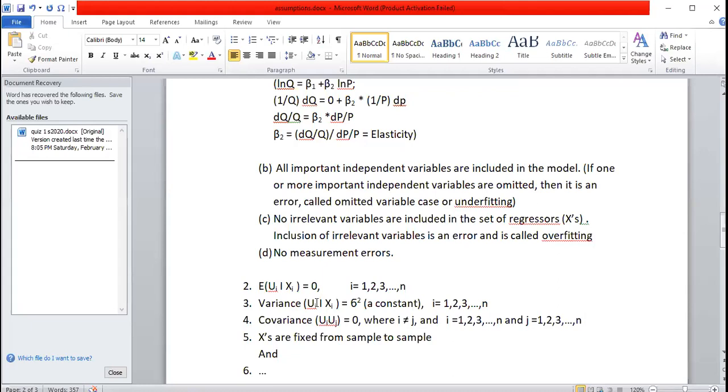The mean of each distribution of u is 0. The variance of each distribution of u is what? Sigma square, a constant, basically saying the same value. Let's say sigma square equals 25. It's saying that for the first u distribution, when x equals 80, the variance is 25. When x equals 100, there is another distribution of u. What is the variance of that distribution?